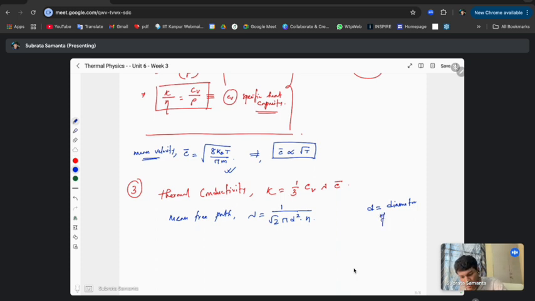Once you know the diameter of the molecules, the radius r is basically d over 2. So first we calculate the diameter of the molecules.